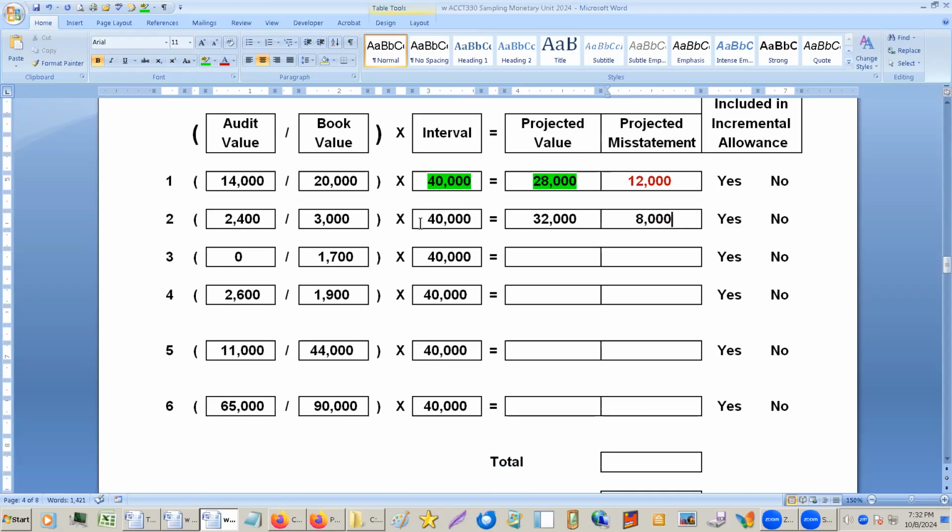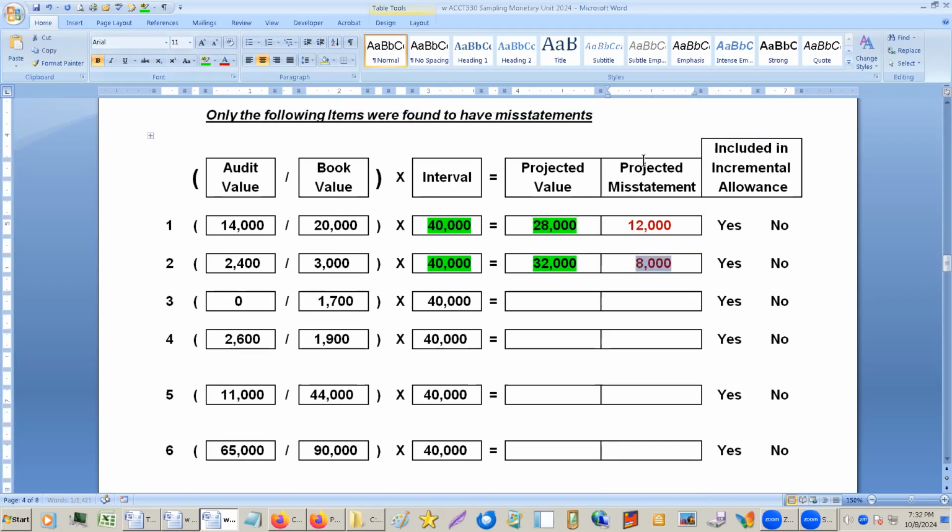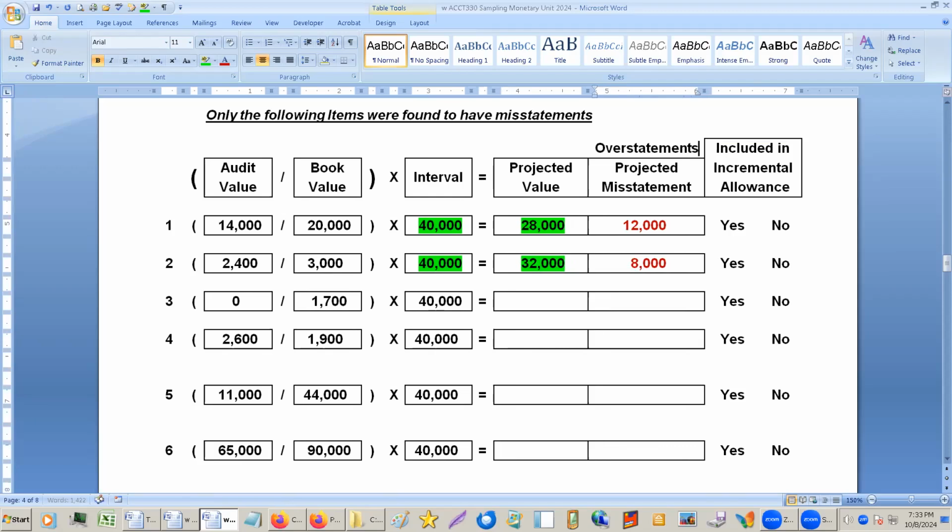Yeah, so for the 40,000 here, we're saying that it's really only worth 32, and so this is a projected misstatement. And these, by the way, are all overstatements.